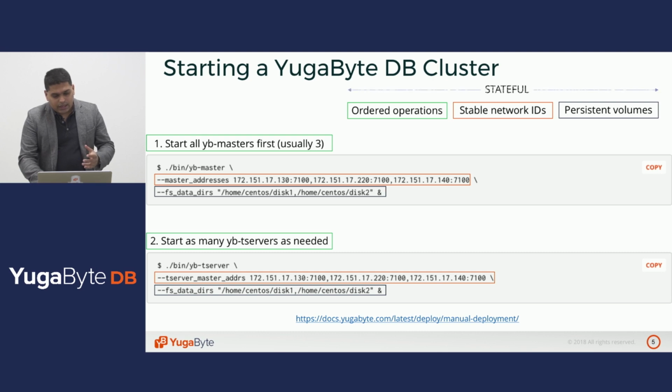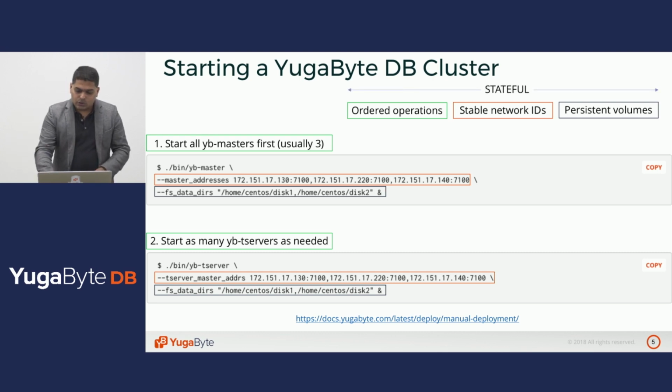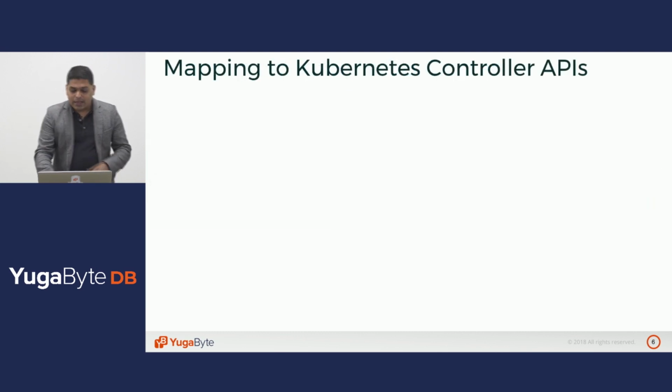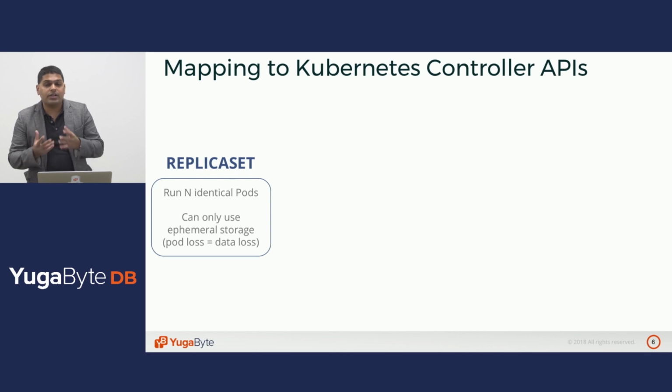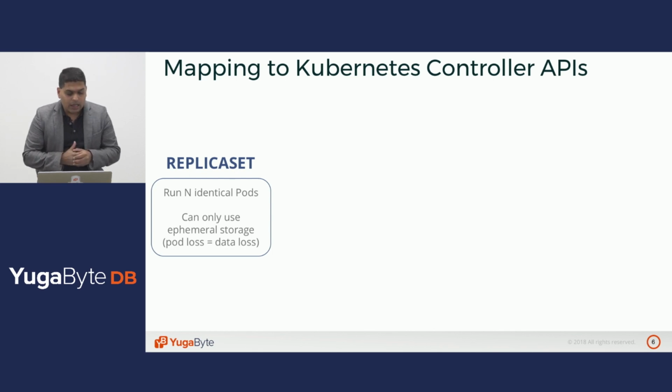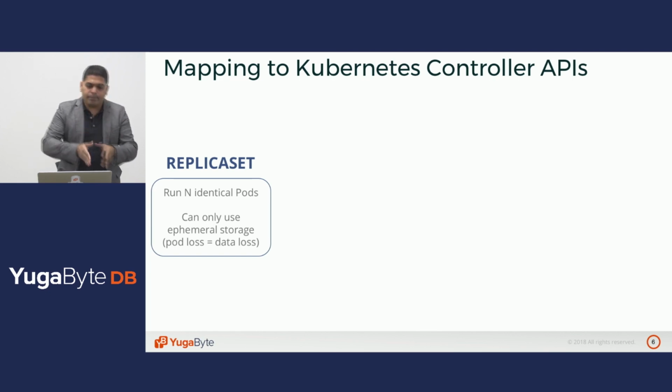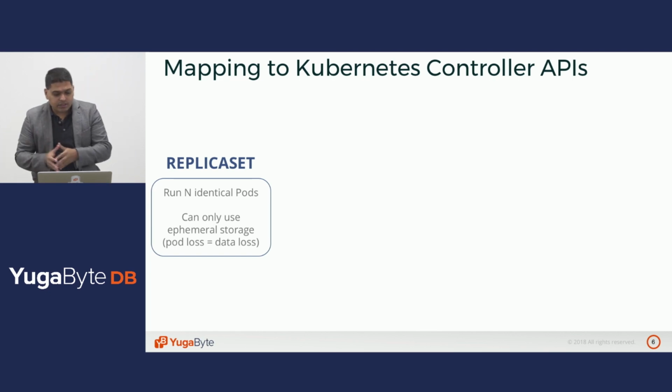So if we map this world to Kubernetes, let's see which Kubernetes controller API we can pick. First is ReplicaSet. ReplicaSet is about running exactly the same, identical pods, and they cannot use any persistent storage.